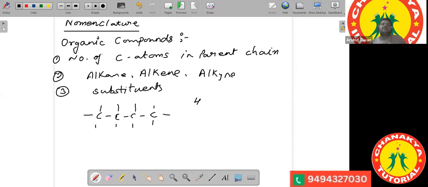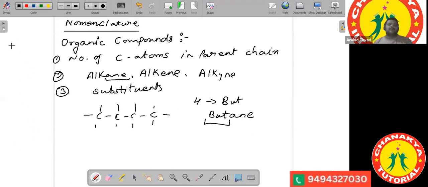For the number 4, the word is but, and it belongs to the class alkanes. So its name will be butane. Its keyword is but, and you suffix it with the 3 letters A and N E from alkane. Then its name is butane.